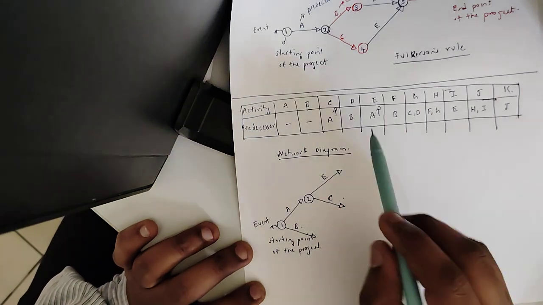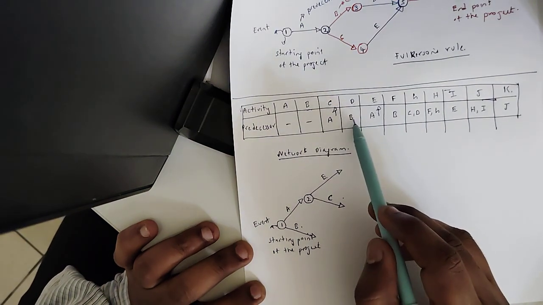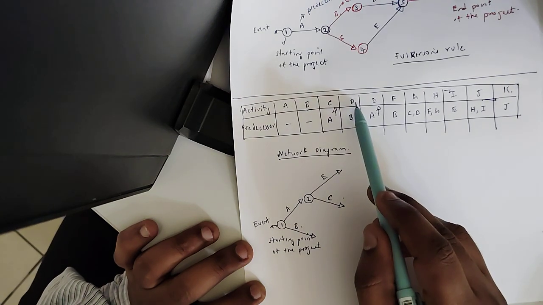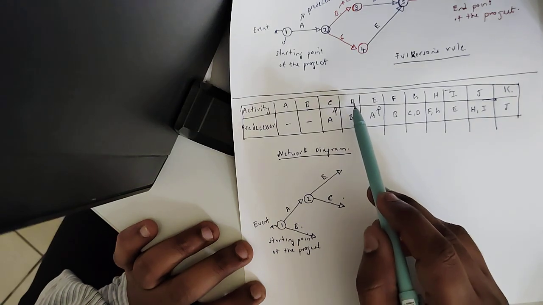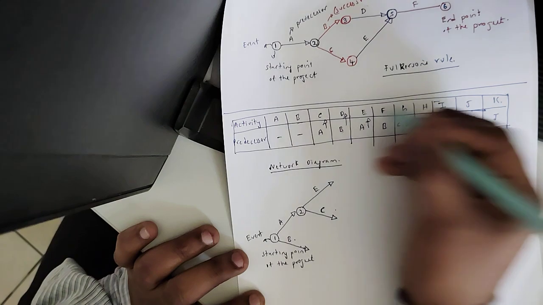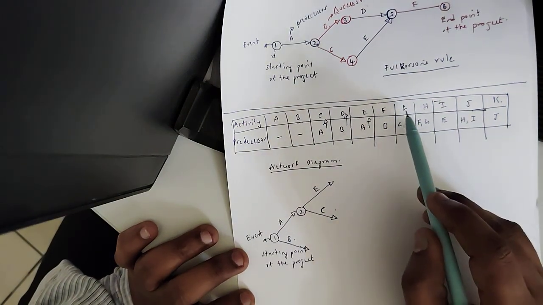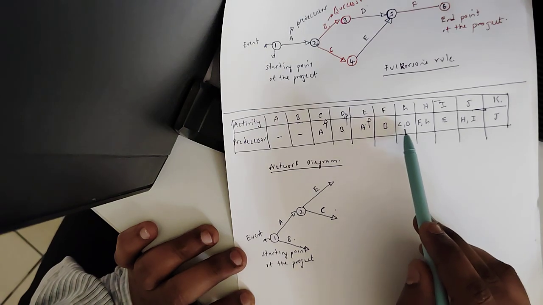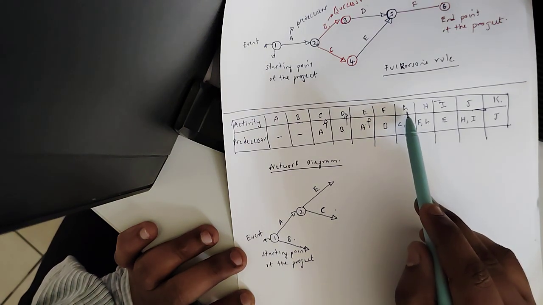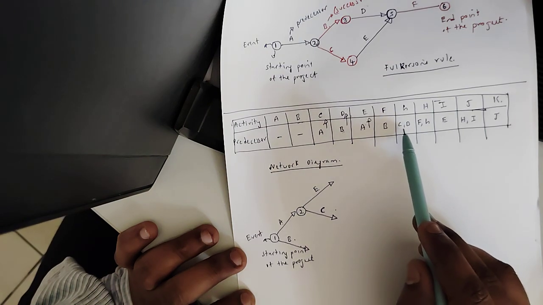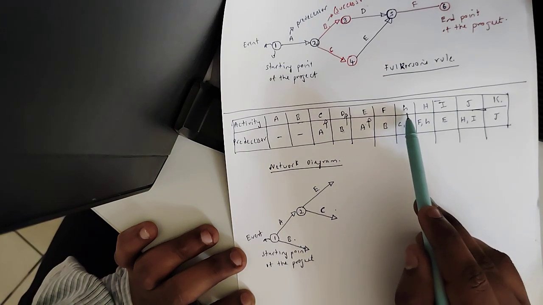Now you can see that after B, it's moving to D activity. But for the G activity, they clearly mentioned that C and D will be the precedence of G. So once the activities C and D are completed, it will move to G activity.